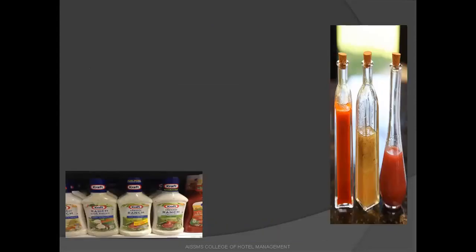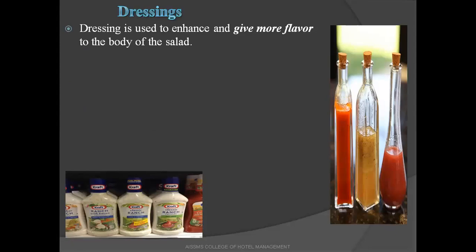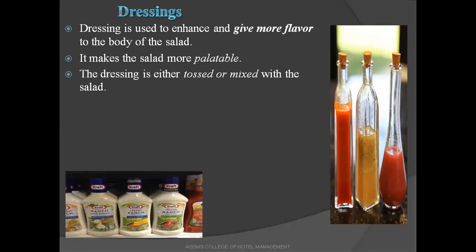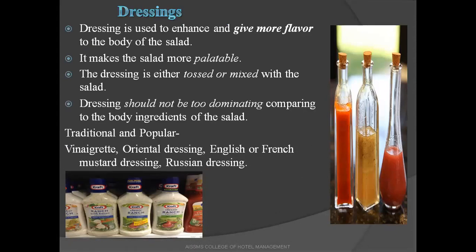Let's move on to the next part, which is dressing. Dressing is used to enhance and give more flavor to the body of the salad. It makes the salad more palatable. Dressing is either tossed or mixed with the salad. Dressing should not be too dominating compared to the body ingredients of the salad.